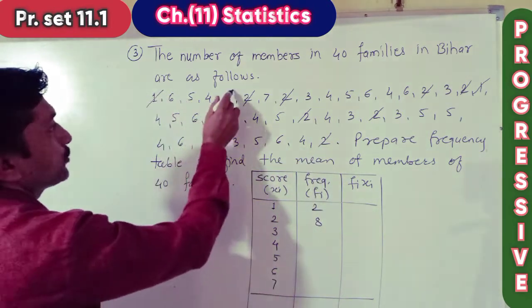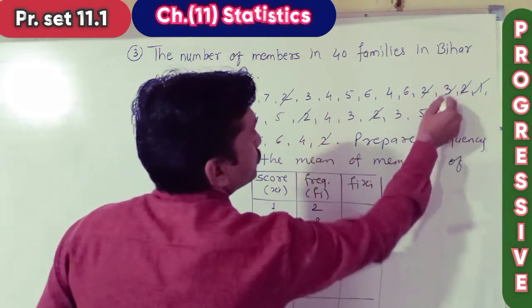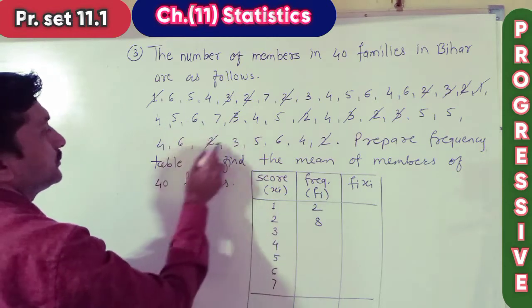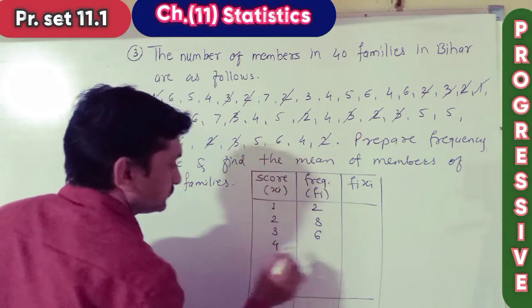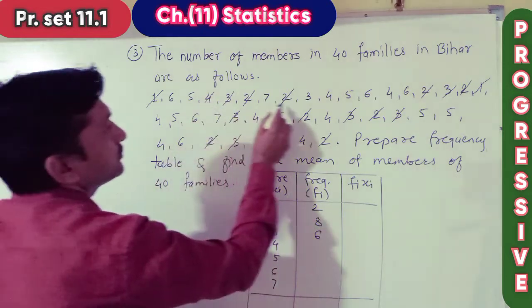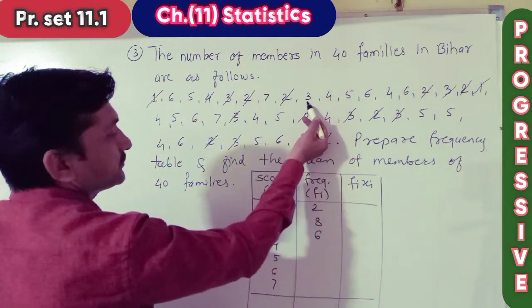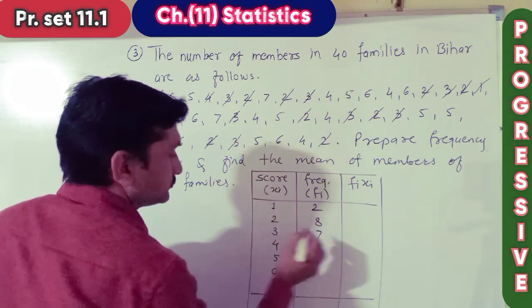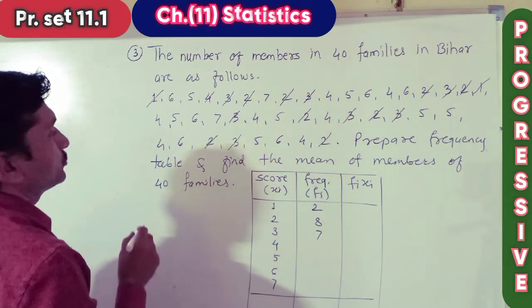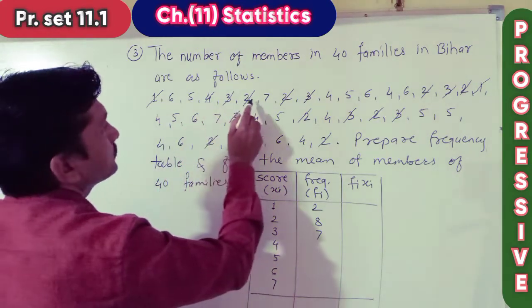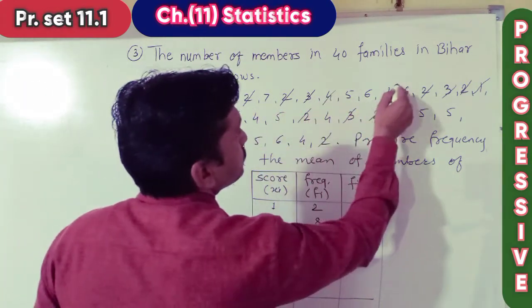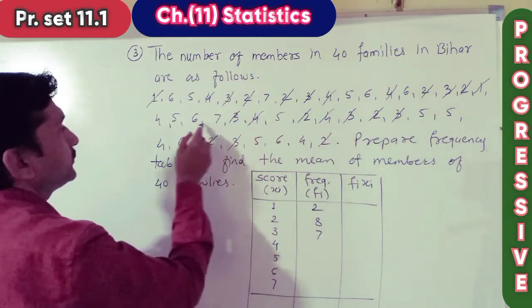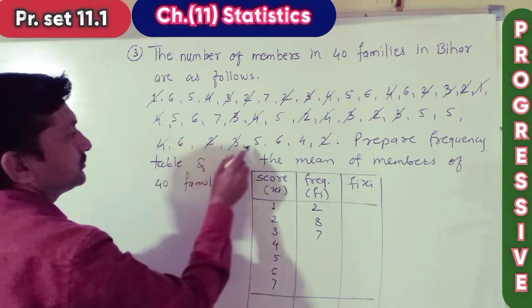Score 3: 1, 2, 3, 4, 5, 6. Score 4: 1, 2, 3, 4, 5, 6, 7.